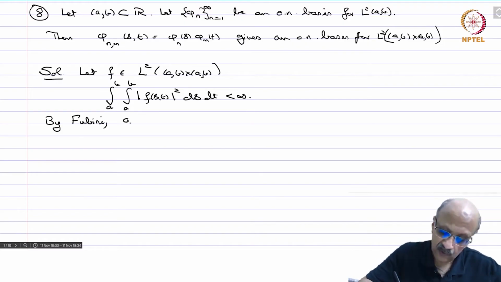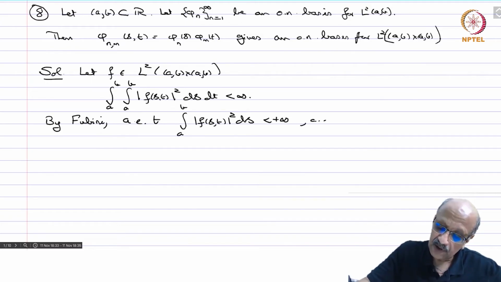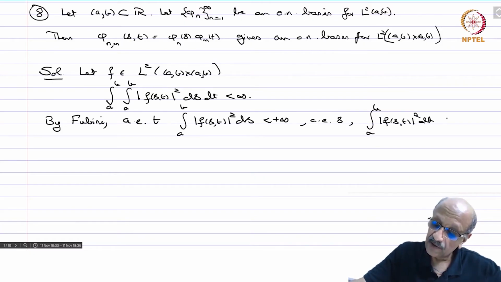we have for almost every t, integral mod f(s,t) square ds is finite, and for almost every s, integral A to B mod f(s,t) square dt is finite.